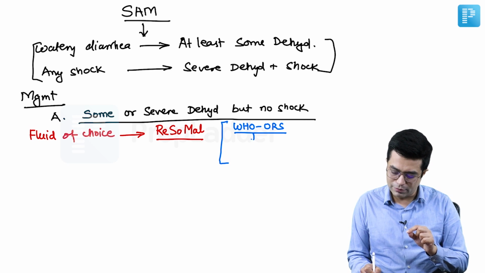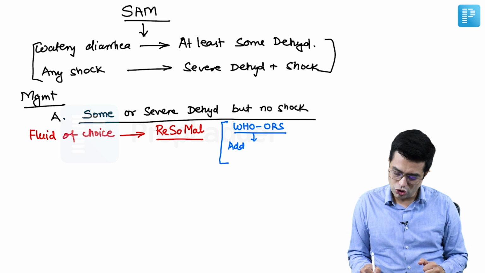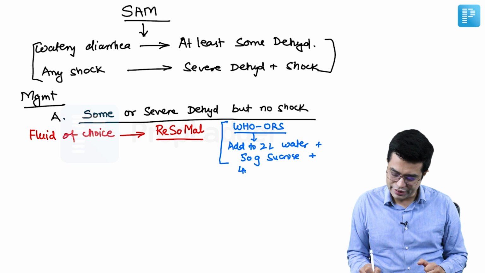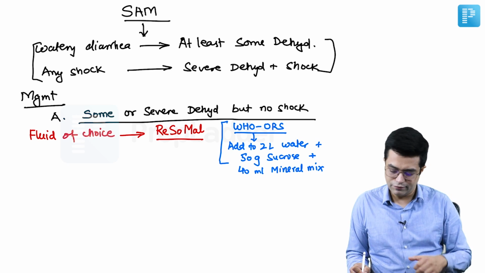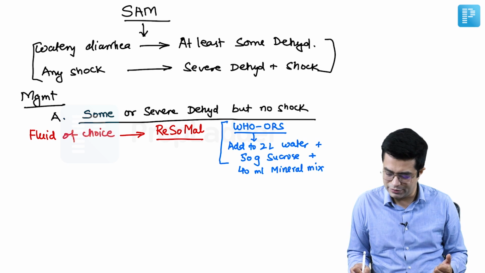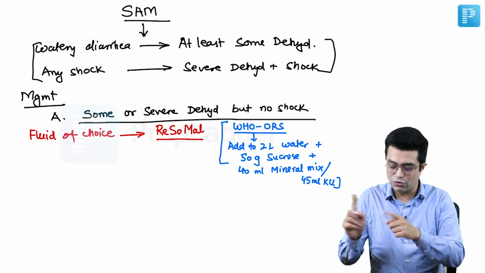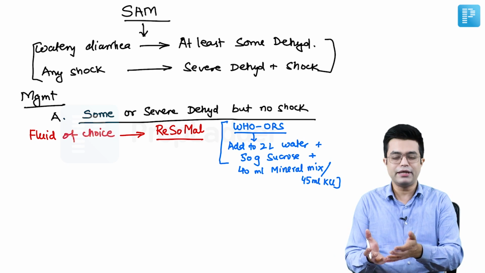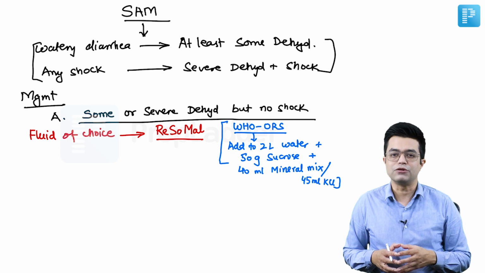We will dilute it in double the amount, that is, you will add it to 2 liters of water, plus you will add 50 grams of sucrose, and you will add 40 ml of mineral mix solution. If mineral mix is not available, as is the scenario in certain resource limited settings, you can substitute it with 45 ml of KCl. One out of these two, either mineral mix or 45 ml KCl, right? Once you prepare it, that is your Resomal solution which has been prepared.